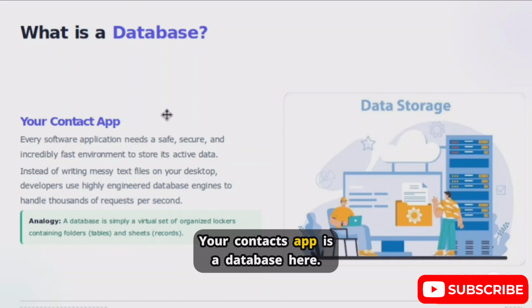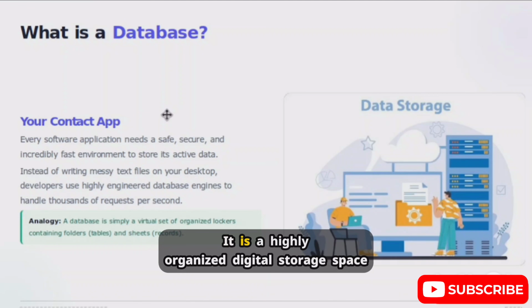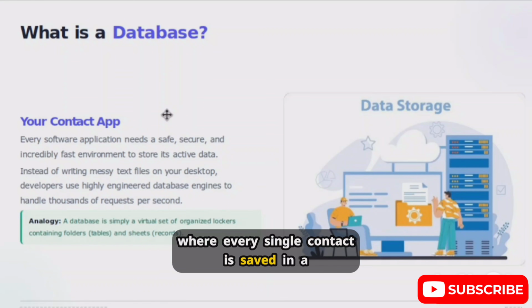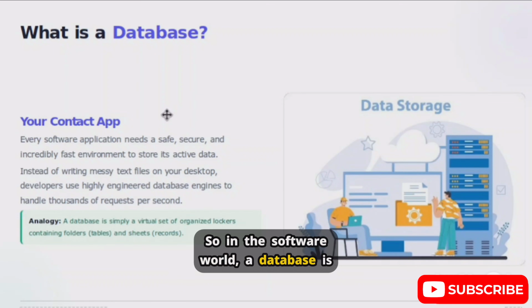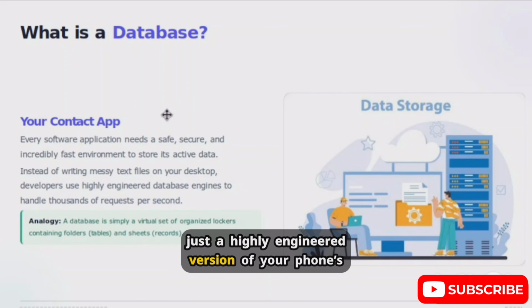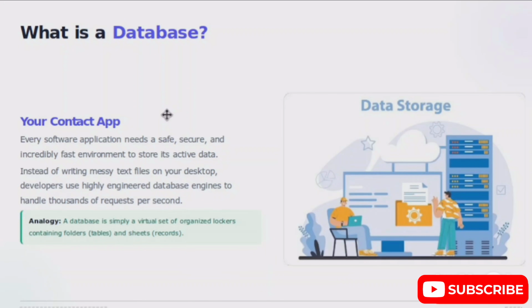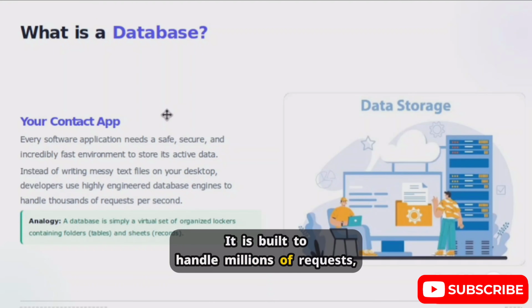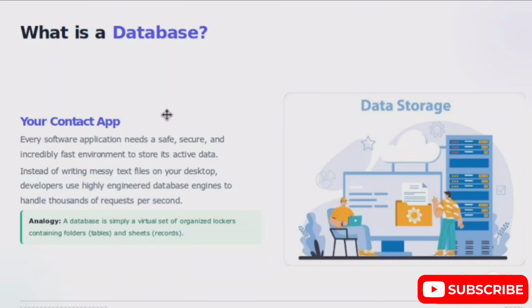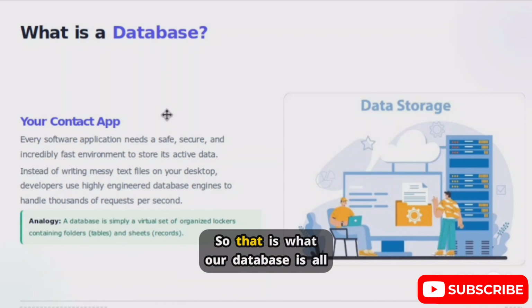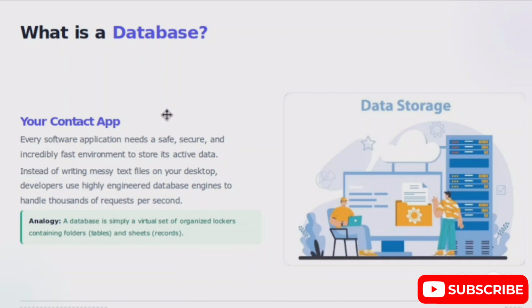Your contacts app is a database here. It is a highly organized digital storage space where every single contact is saved in a neat, searchable, and secure way. In the software world, a database is just a highly engineered version of your phone's contacts app. It is built to handle millions of requests, search through billions of records, and fetch exactly what you need in a fraction of a millisecond. That is what a database is all about.